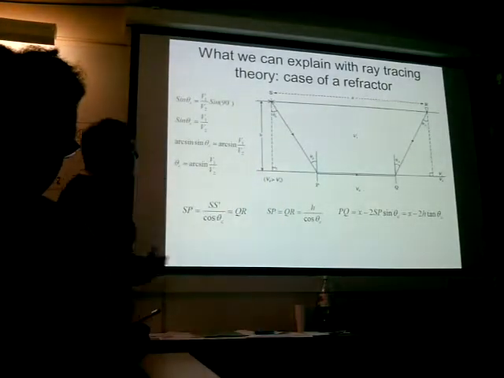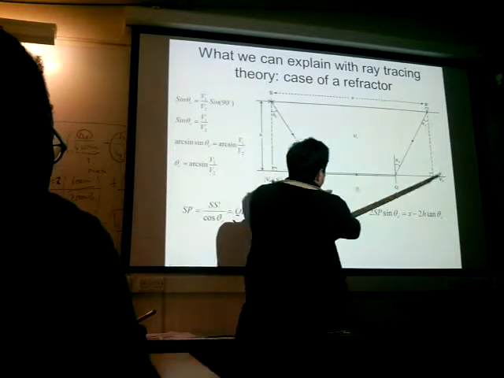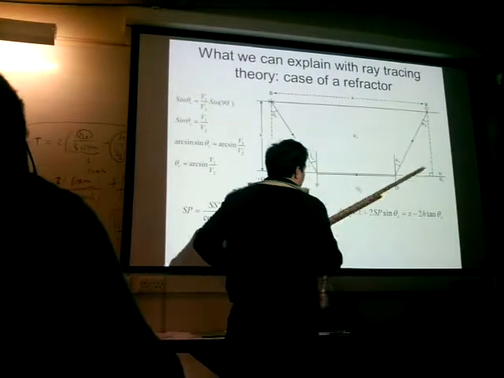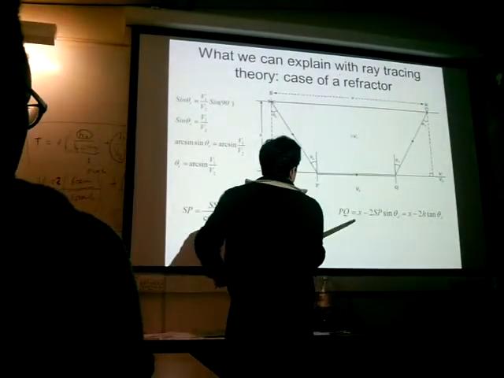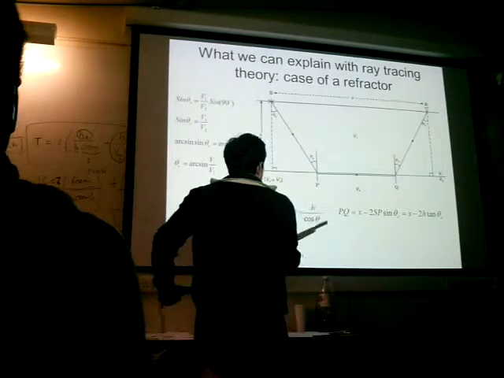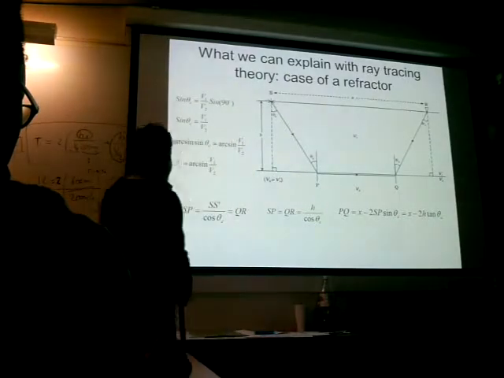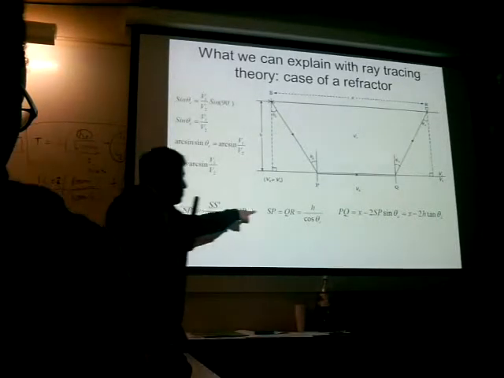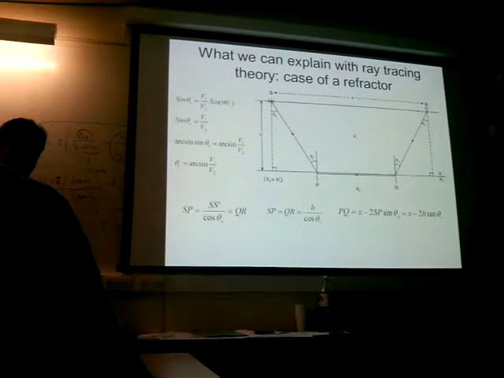So, all that remains, the difference between that bit and that bit, which can be perfectly traced out because you know exactly the critical angle, is nothing else than the difference between the distance of the source and the receiver, my X, minus twice SP multiplied by the sine of the critical angle. It's twice H, I substitute my SP, H over the cosine of the critical angle is the tangent of the critical angle.